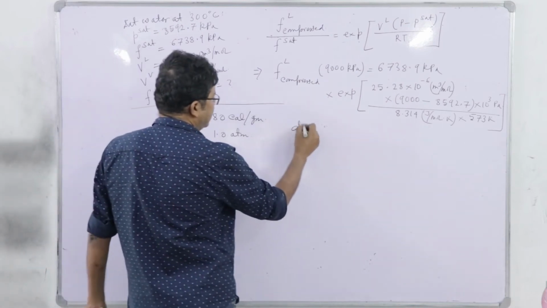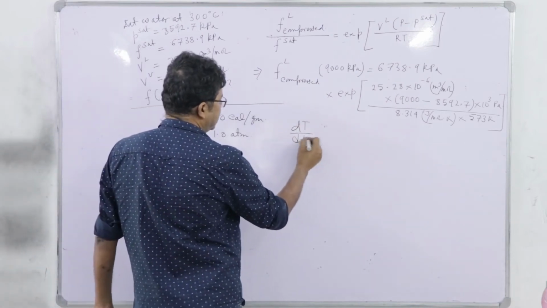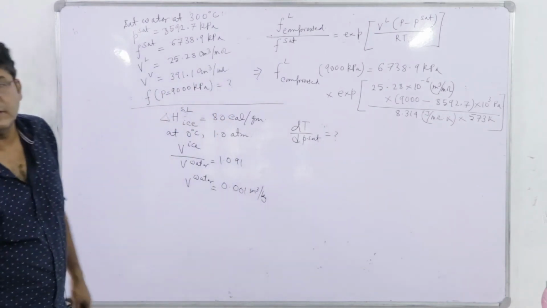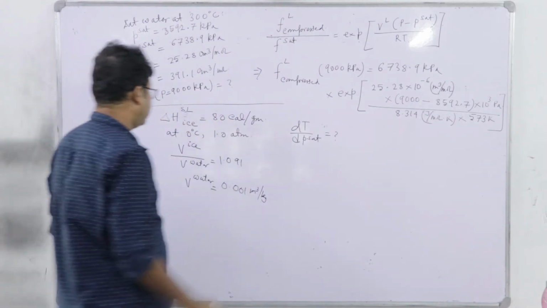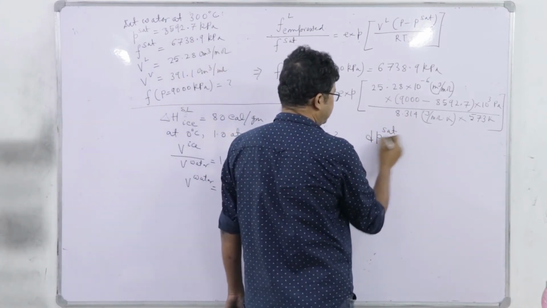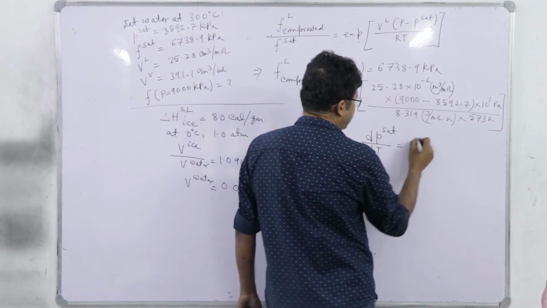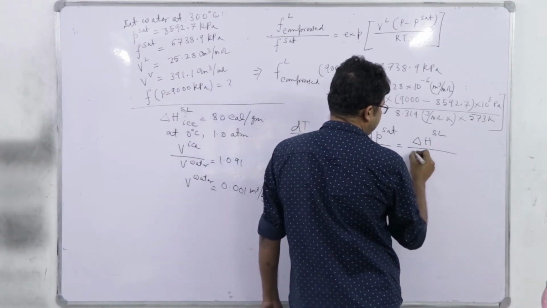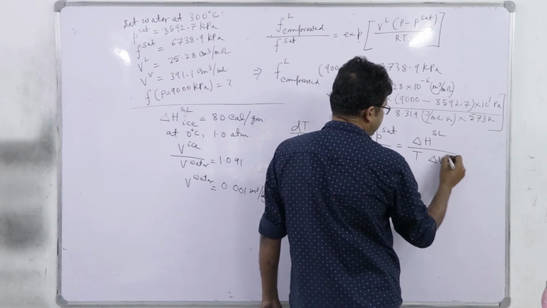So, what we have to estimate? dT dP sat. Basically, here we have to use Clapeyron equation, simple application of Clapeyron equation, which states that dP sat dT equal to delta H SL divided by T into delta VSL.